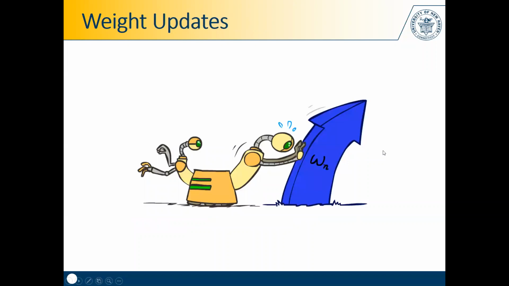Now, how do we learn the weights? Well, so far we've seen a few learning approaches. We've seen iterative learning of value functions and Q functions in reinforcement learning, and we've seen sample-based learning of naive Bayes.